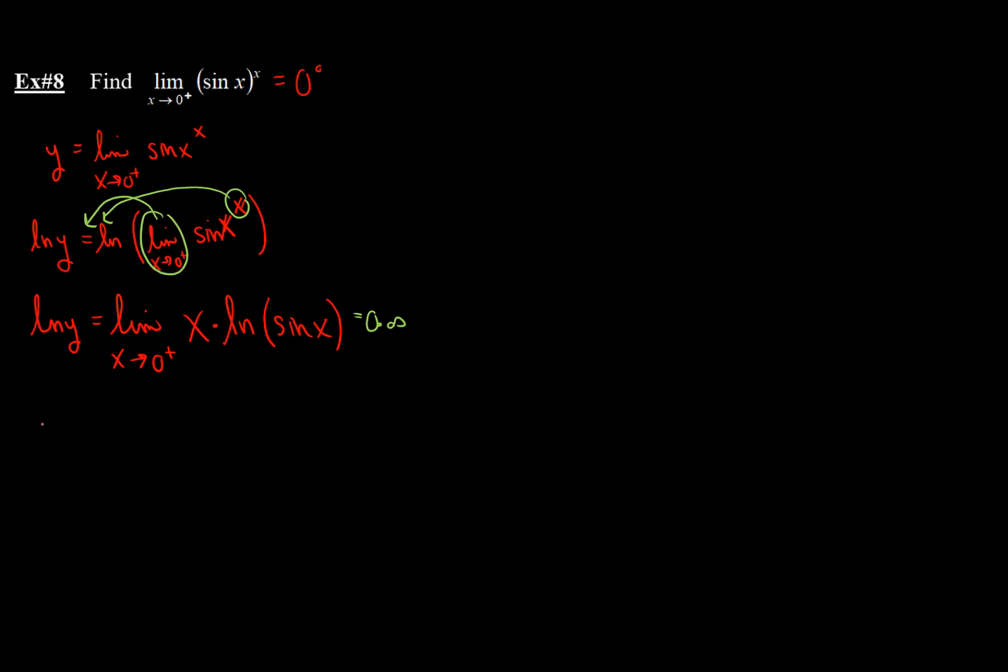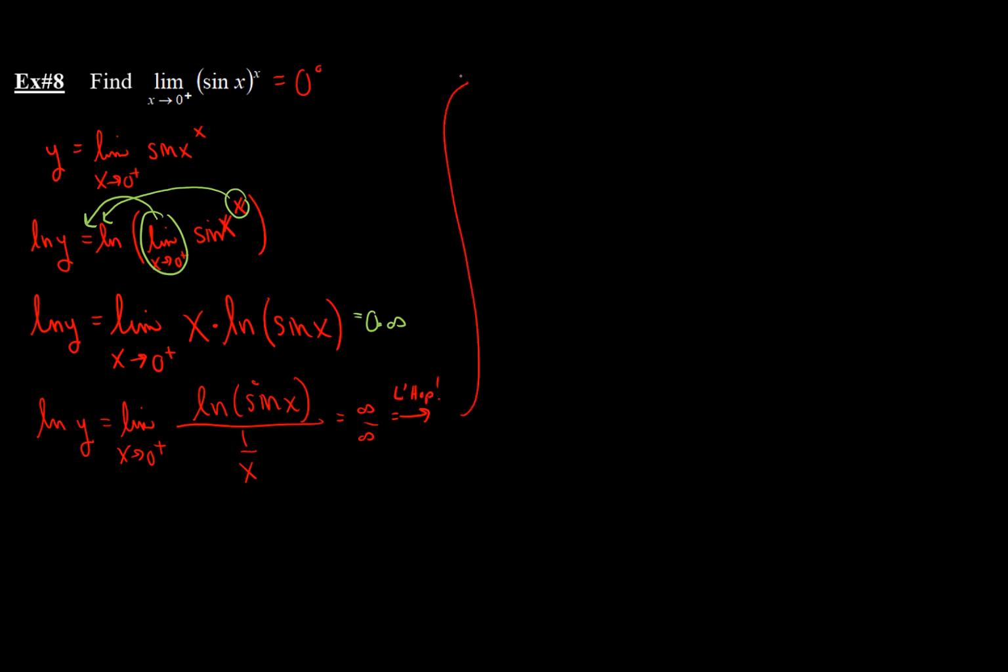So what we're going to do is put the natural log of sine x on the top, and then 1 over x in the bottom. And now let's plug it in. If I do that, I get infinity over infinity form. So that means I can use L'Hôpital's.